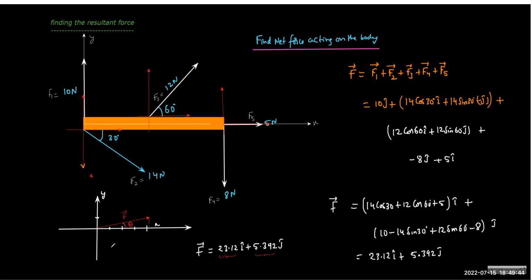Yeah, so theta will be tan inverse of the y component upon the x component. Do you realize what I'm saying, guys? So what is the y component upon the x component? How much is this? 0.23. Great.